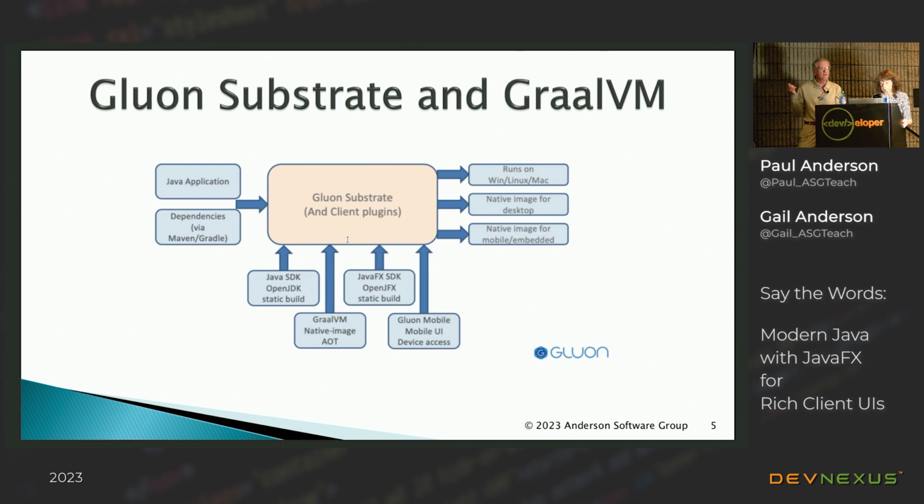On the right-hand side of the Gluon Substrate, you can see that you can run your executables on those different platforms as native images. But underneath it is where GraalVM comes in, and there is an ahead-of-time compiler that's really nice that will create the native executables for the target platforms that you want. And everything we did here was open source. So we're using the OpenJDK and we're using OpenJFX.